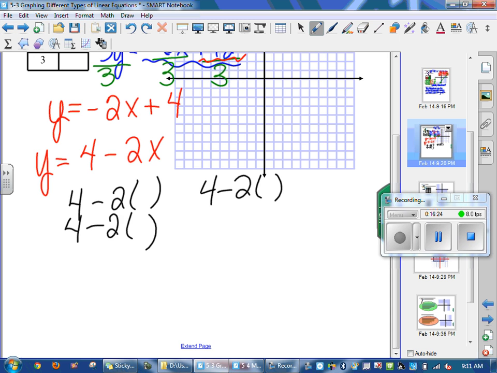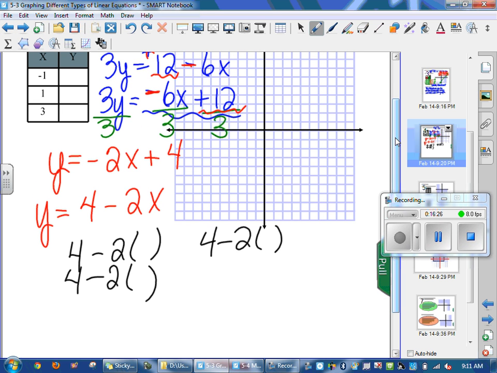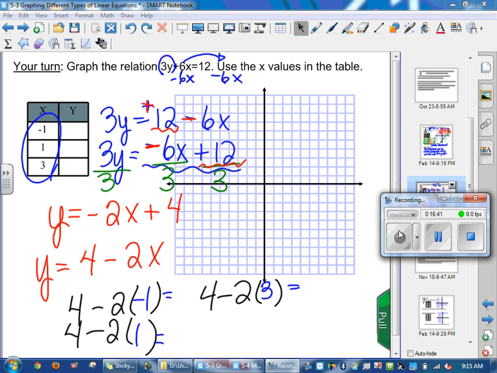All right, I'm going to use my x numbers from my table, negative 1, 1, and 3. Let's solve for y. Okay, let's take a look. We get 4, negative 2 times negative 1 is a positive 2. So 4 plus 2 is 6.